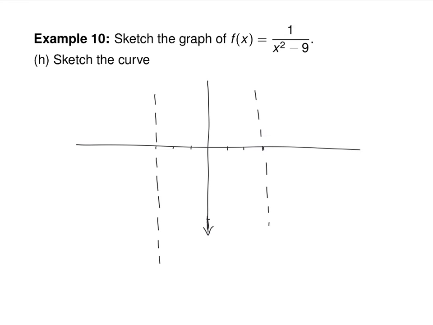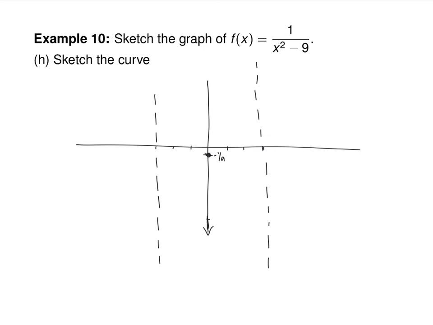When you plug in 0, you got -1/9, right? Okay, so we'll just say that that's -1/9. I deem it so. Concave up, right?